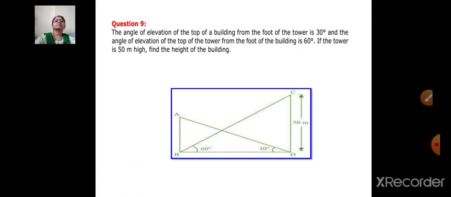Here, the angle of elevation of the top of a building from the foot of the tower is 30 degree, and the angle of elevation of the top of the tower from the foot of the building is 60 degree. If the tower is 50 meter high, find the height of the building. So let us draw a diagram.